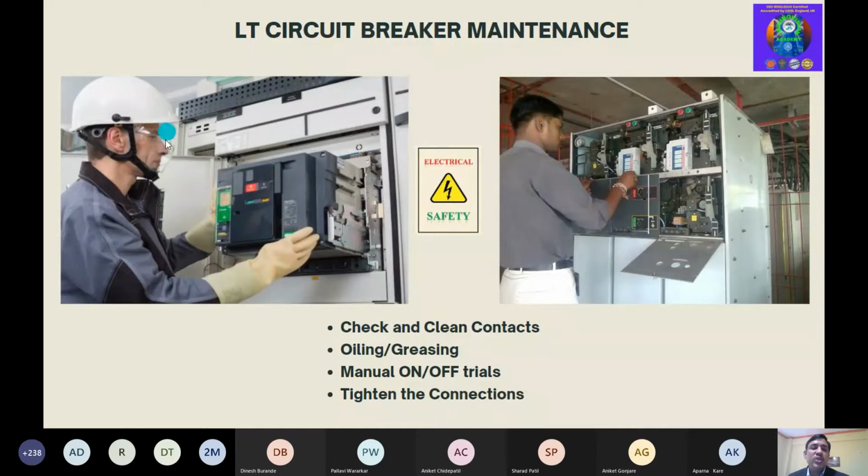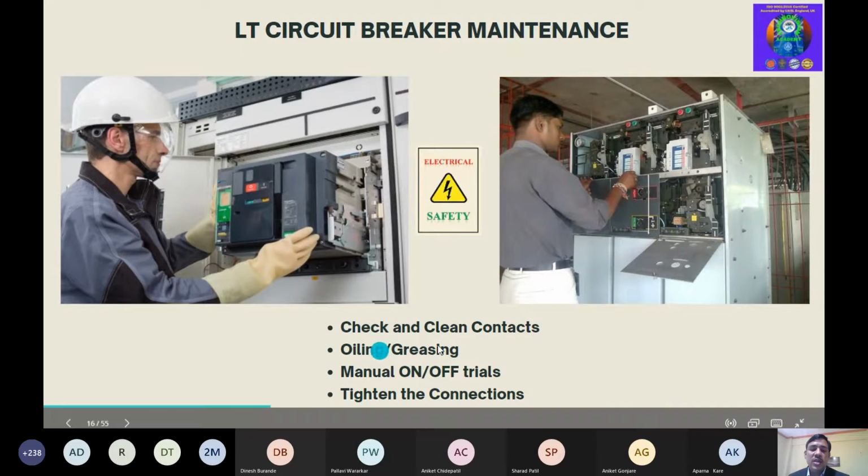So how we should work: with all your PPEs, that is personal protective equipment, you have to use whenever you work at any voltage level. You should take care of all these things. You can see the difference between these two things. So always remember that we should work with full safety.